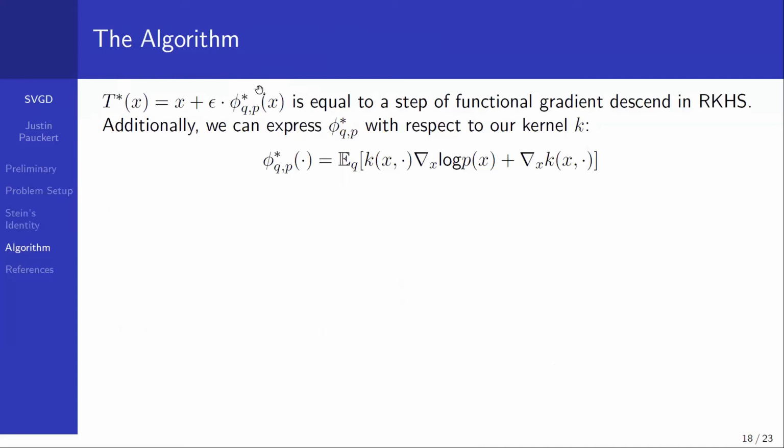And then this is actually equal to a step of functional gradient descent in the kernel Hilbert space. This is actually a very crucial point. Gradient descent, as I explained it at the very start of the presentation, usually searches for some set of parameters and is done in some vector space in which we search for new points.